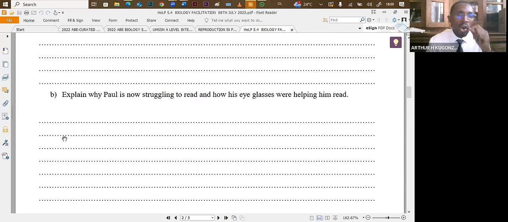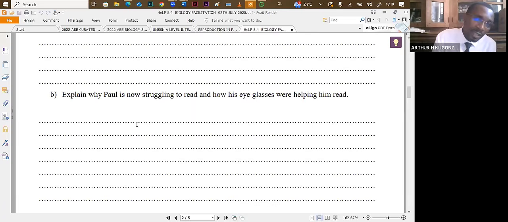If you call it long-sightedness, we are going to see how you are going to explain it and how you are going to solve it. Whether you say short-sightedness or long-sightedness, all of you will be correct. However, the difference is, how are you going to explain it?